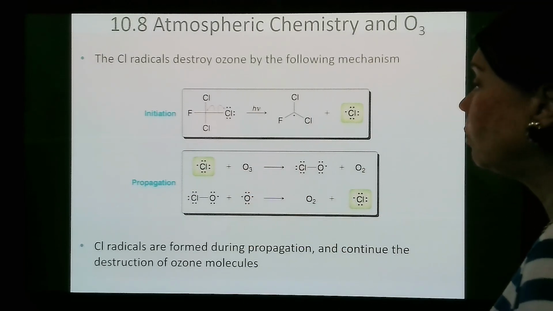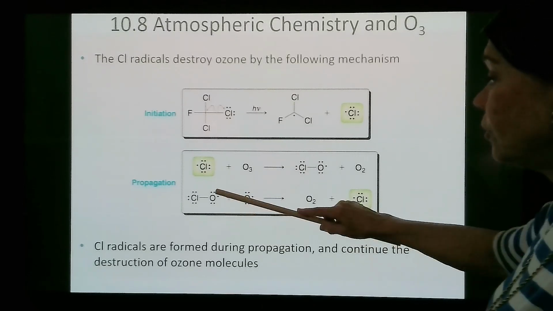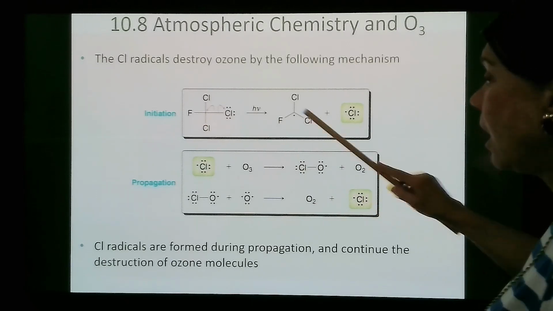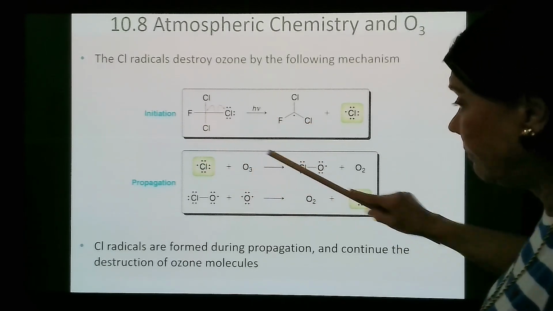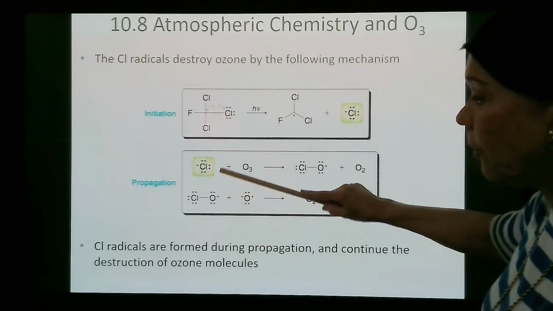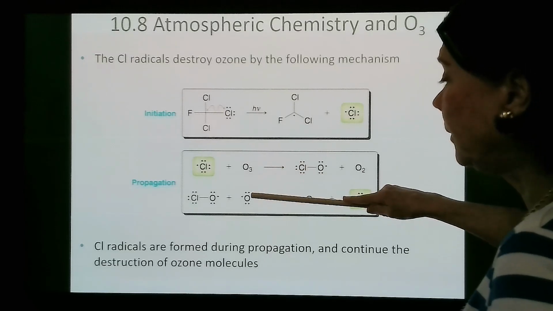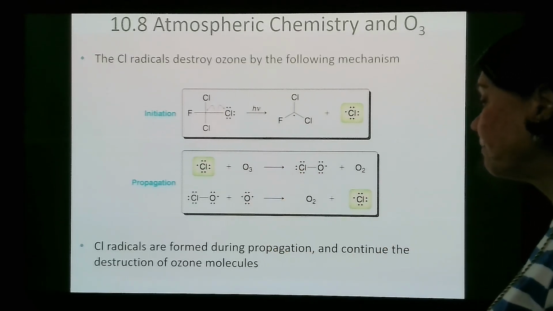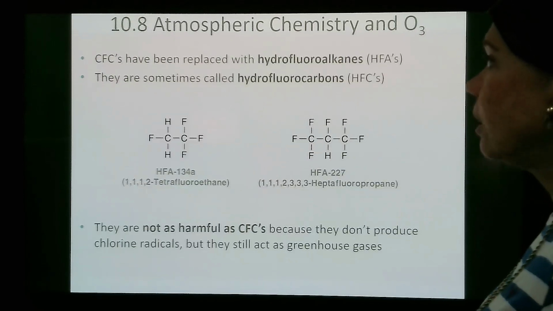They're being consumed. And so that's the depletion of the ozone. So this gives rise to oxygen and Cl dot, which you're regenerating them there. And so this is the propagation step. So ozone is being depleted and Cl dot is being regenerated. And so that's the way you have the destruction of ozone.